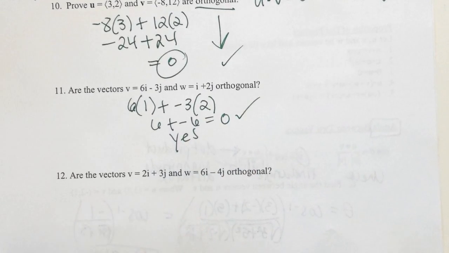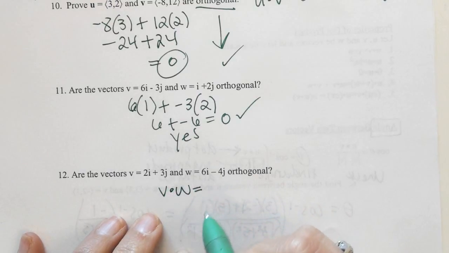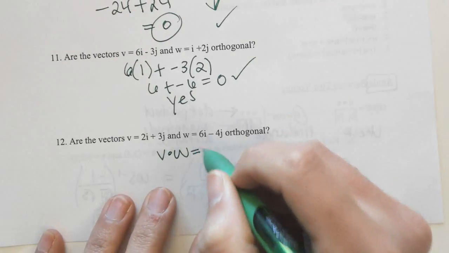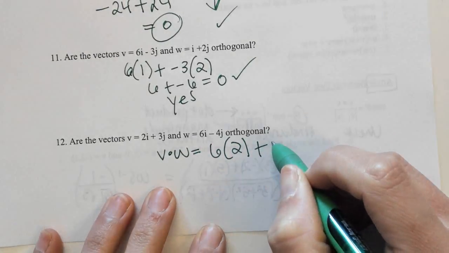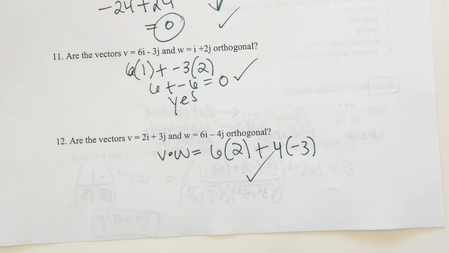Check if they are orthogonal. What's the dot product of this next one? 6 times 2. So yes or no? Yes. Okay. Flip it.